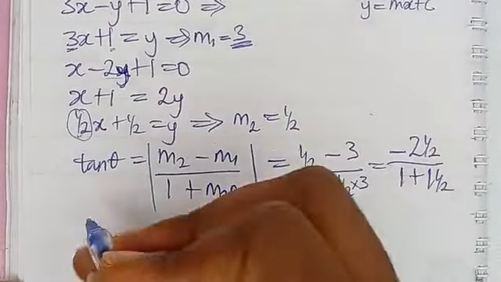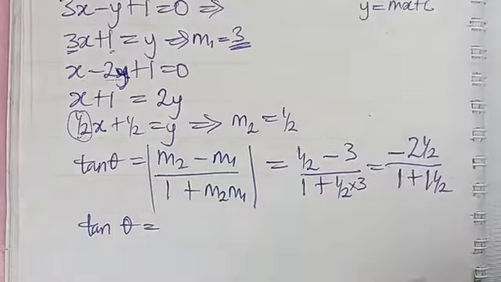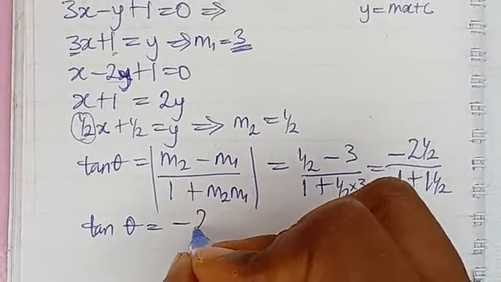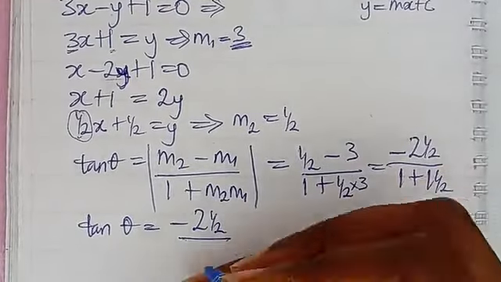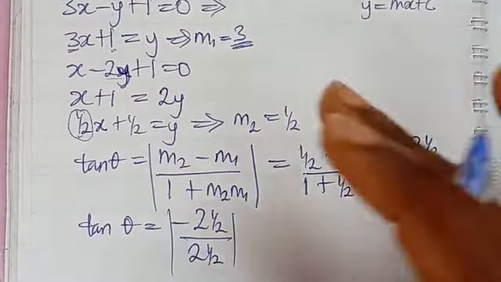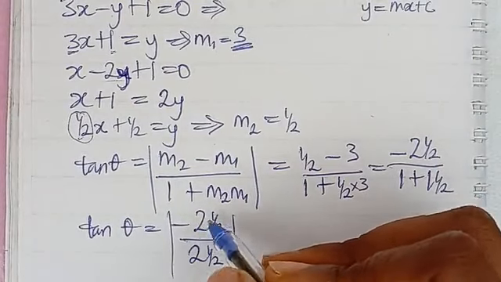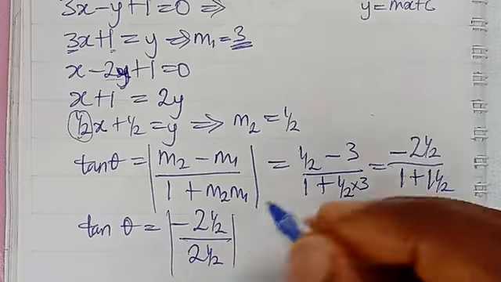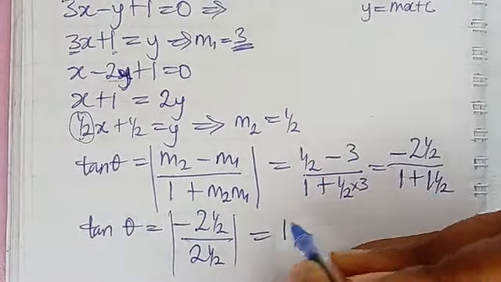So we are going to have that tan theta is equal to minus 2 and a half over 1 plus 1.5, which is 2 and a half. Remember, it's the absolute value, so negative does not matter. So negative 2.5 divided by 2.5 gives us negative 1, but because of the absolute value, this is 1.